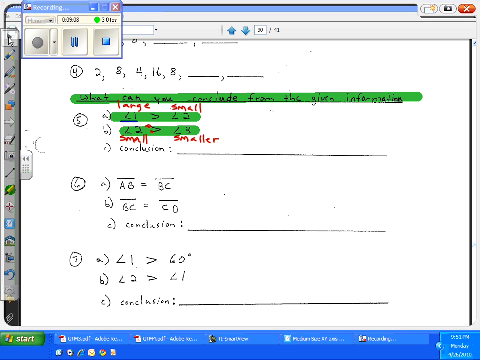We can conclude then that if angle 1 is larger than angle 2, and angle 2 is larger than angle 3, then angle 1 must be larger than angle 3, which is smaller than angle 2. So we can conclude then that angle 1 must be greater than angle 3. Inductive reasoning. Everybody see how we got that? Okay, and you can play with the others on your own.